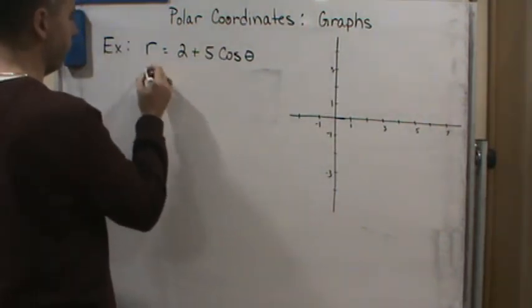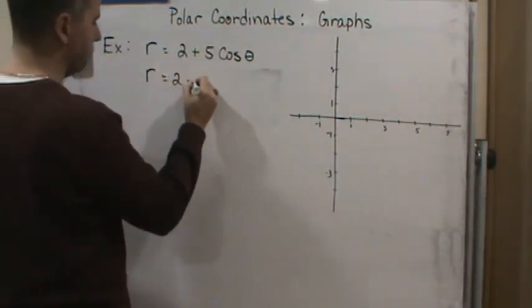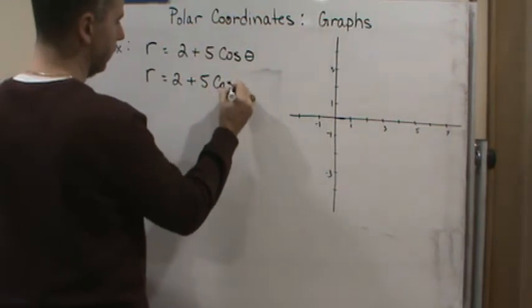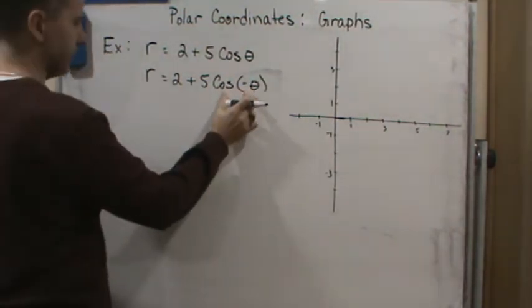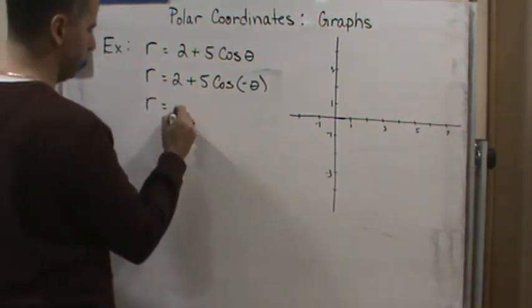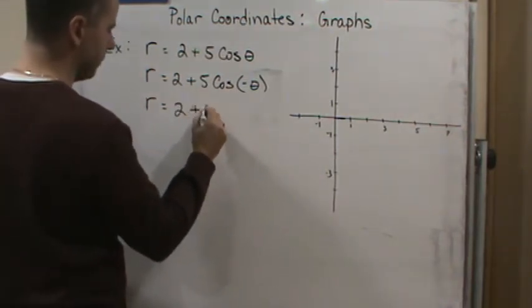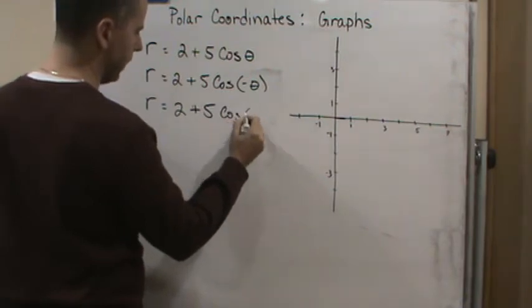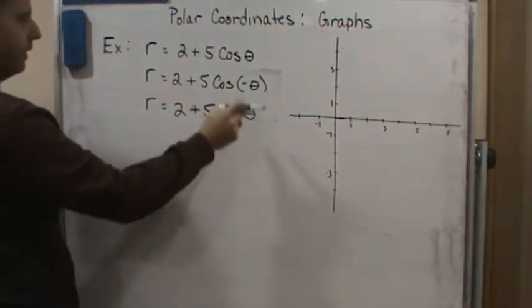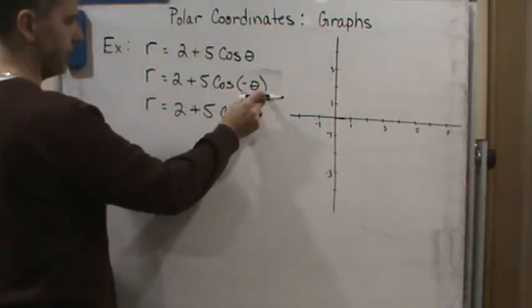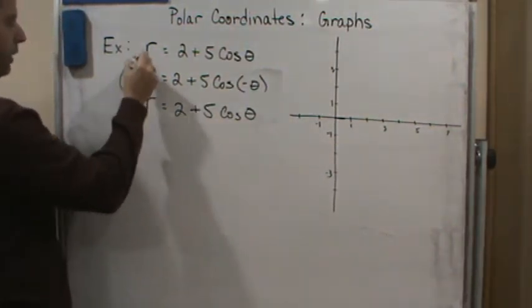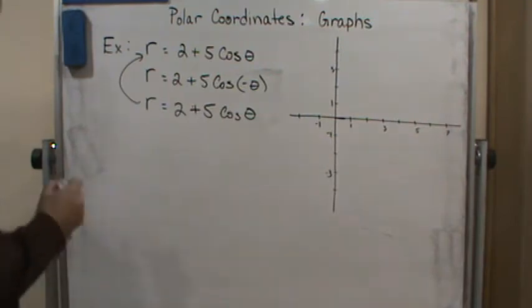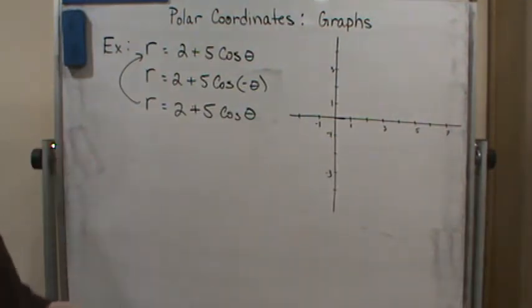We get r equals 2 plus 5 cosine negative theta. Because this is an even function, we get r equals 2 plus 5 cosine theta, because cosine of negative theta is the same as cosine theta. And so we do get the same thing. So it is symmetric with respect to the polar axis.